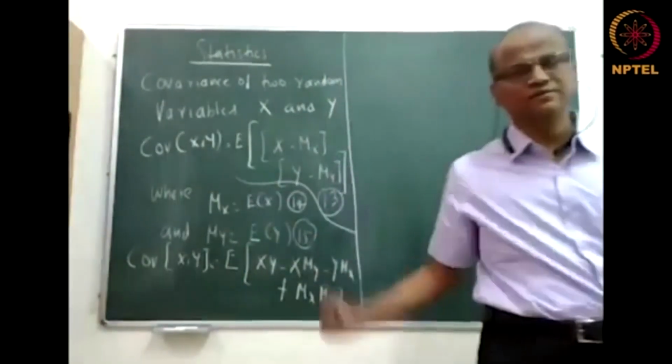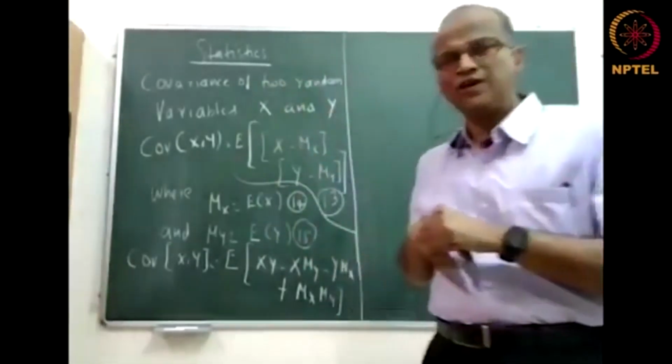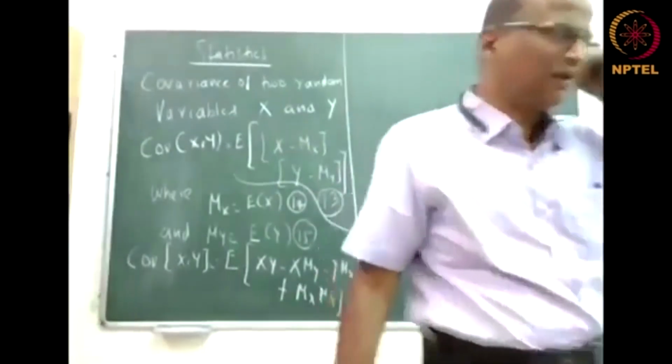Just simplify this further. Latecomers who just logged in, we're starting with the covariance of two quantities x and y. I'm just trying to do some math. Just try to simplify this, whatever I've written.